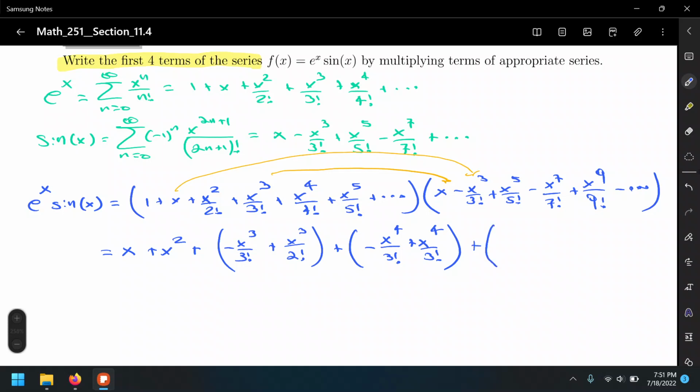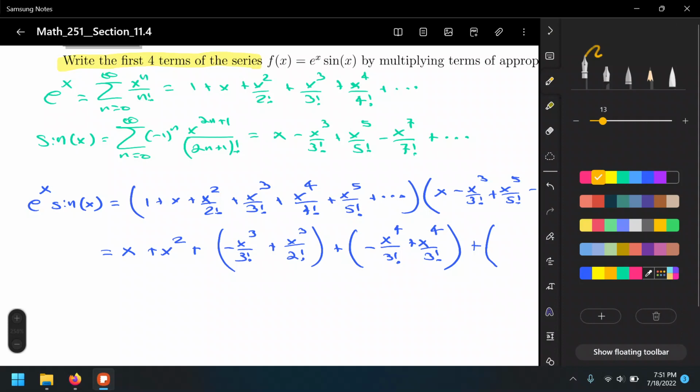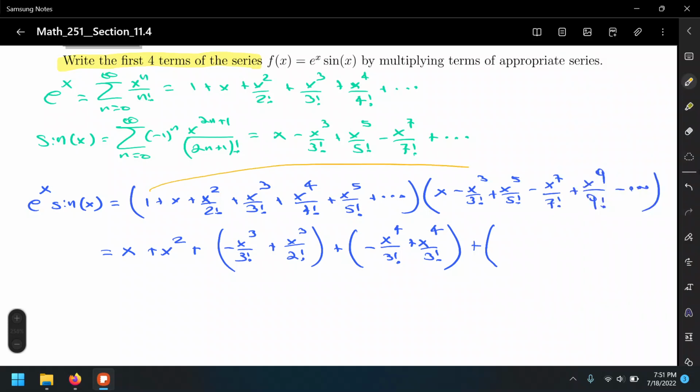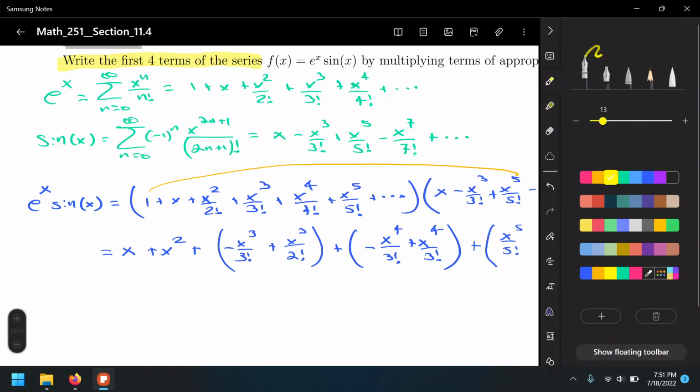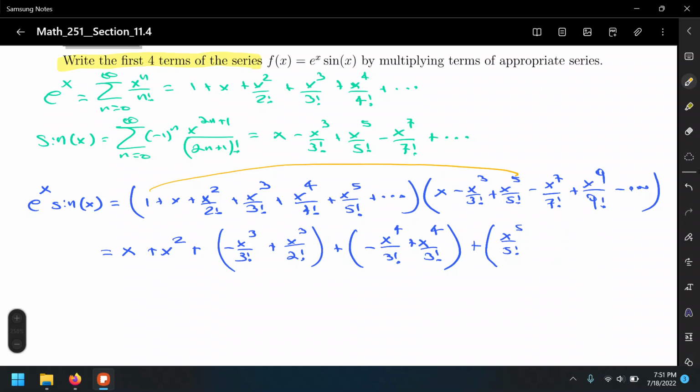Let me open parentheses, let me erase this, and find a way to get the x to the 5th power. Number 1, if we multiply 1 times x to the 5th over 5 factorial, so that's one. Is there another way we can get that? What about x?